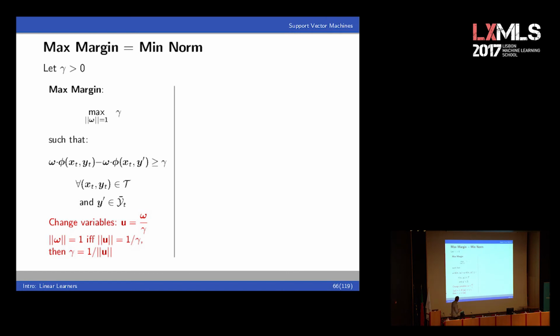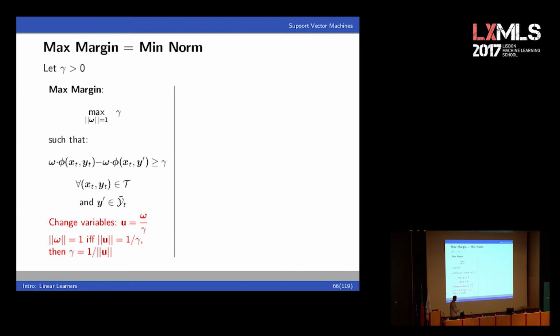So if I define U like this, then I can say that gamma is 1 divided by the length of U, right? Because the length of U is 1 divided by gamma if I satisfy the constraint above here.